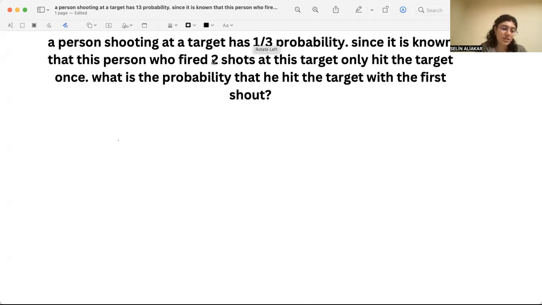Now I can say that there are 4 possibilities here. The first possibility is that the person can hit the target with both shots. Let's write it like plus. And the second one is the person misses the first shot and hits the second shot.